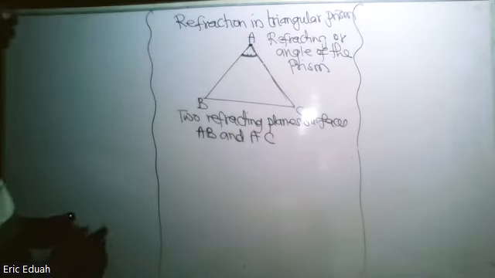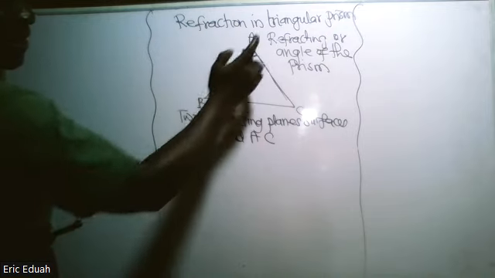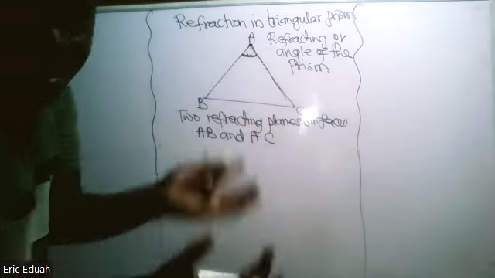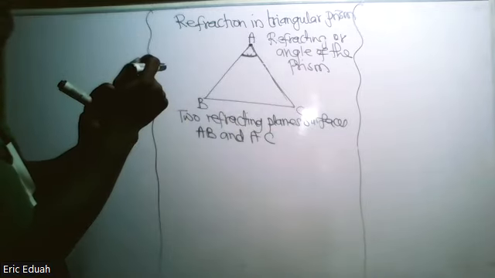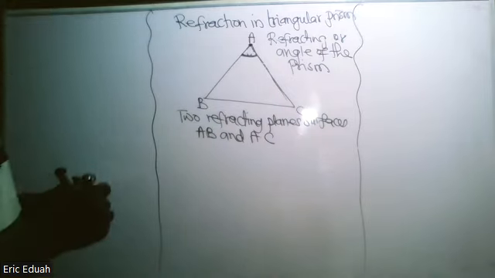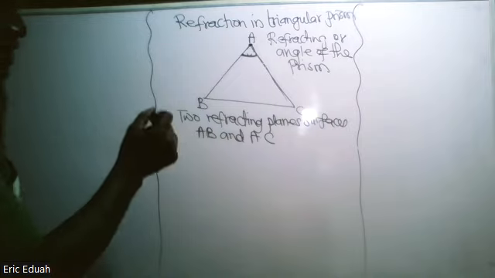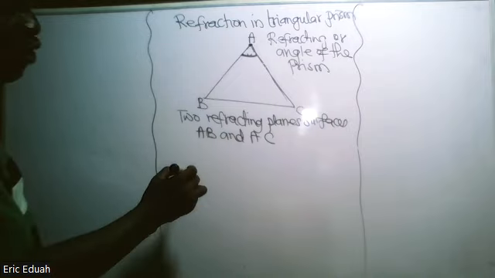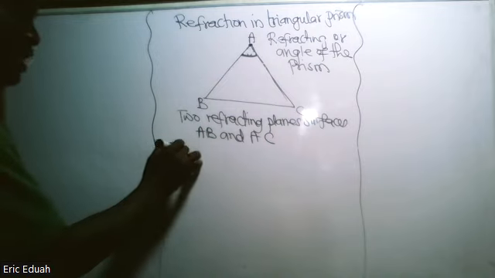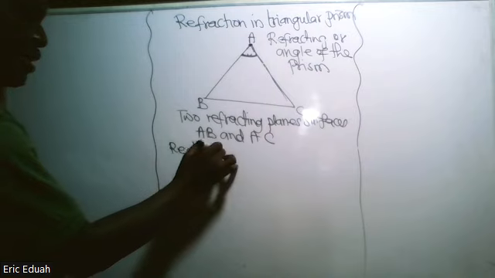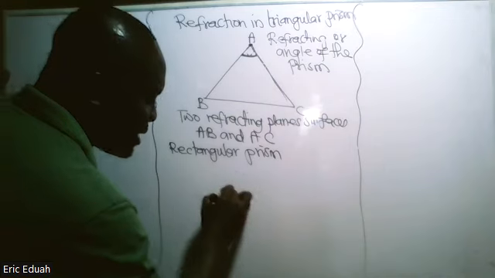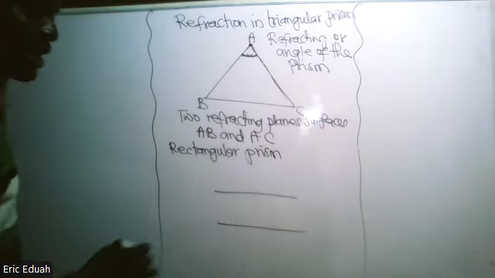So it has two refracting surfaces, AB and AC. And these are the parts that deviate the path of light. Now, the advantage of the triangular prism over the rectangular prism is that, let me draw something. This is the rectangular prism.